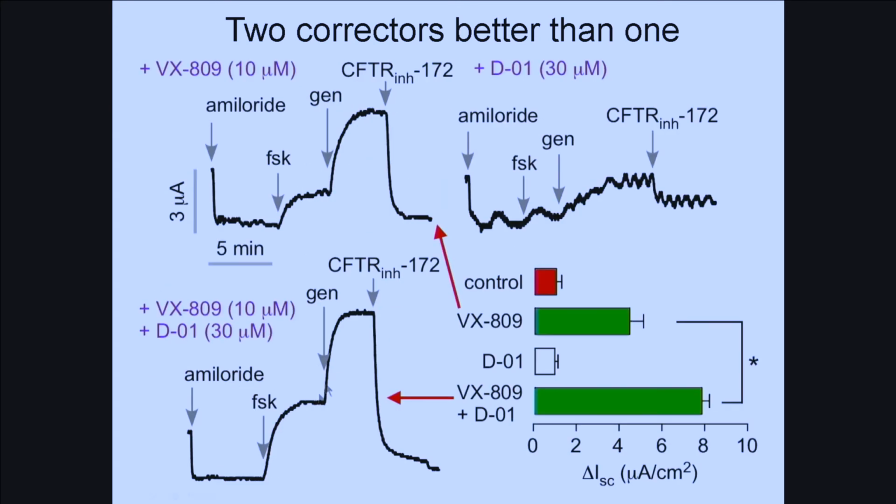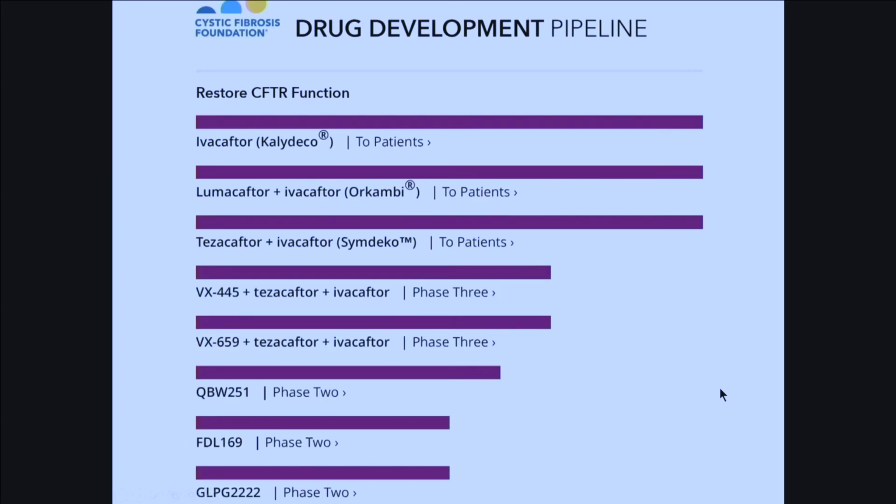And this is the use of two correctors for real human cells from a delta F508 homozygous patient. This is the curve, going back, with vertex alone, with maximal vertex plus one of the new compounds. We see an increase in signal as quantified by the green bars at the right, showing the additive effect.